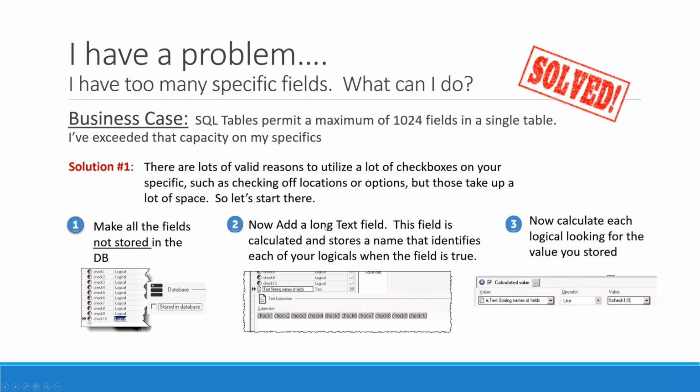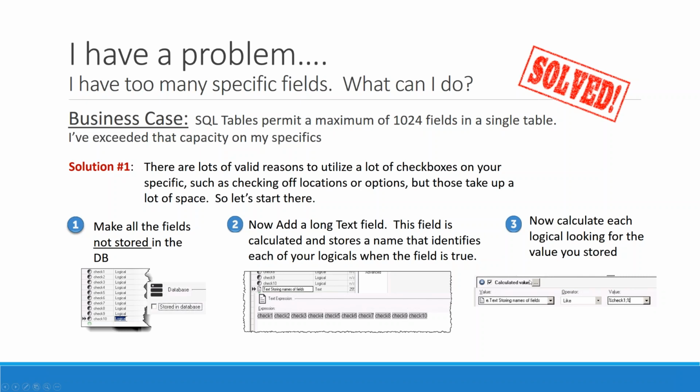Remember that long text field that does those calculations should probably be at the end of those check boxes or those logicals. So I would put the text calculated field down towards the end of my fields. Then I would go through and do the calculated. So then I would make the check mark, the logical, auto check automatically when that data is in this list.